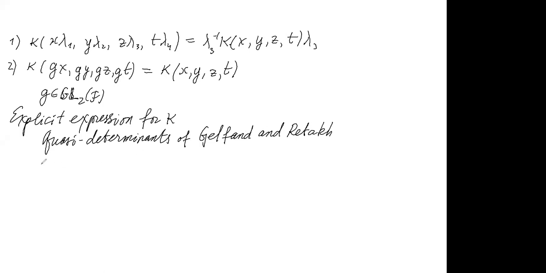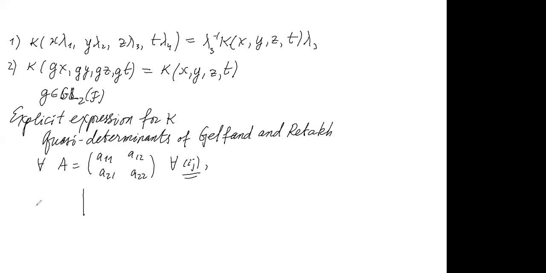For every 2 by 2 matrix A, which you can write down as A11, A12, A21, and A22, and every couple of indices ij equal to 1, 2, 2, 1, and so on, we can define a quasi-determinant with the corresponding index boxed.